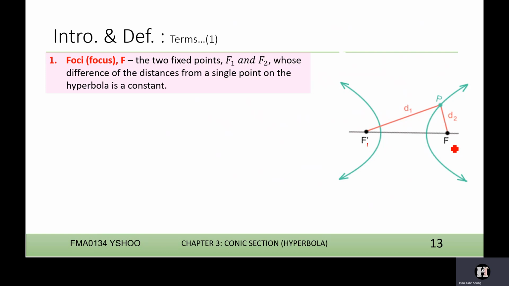I just put this as F1, this as F2. These two points have a name: if singular it is called a focus, if more than one it is called foci. Whether you say foci or focuses doesn't matter, because it's not a standard English term. So these two are our foci.